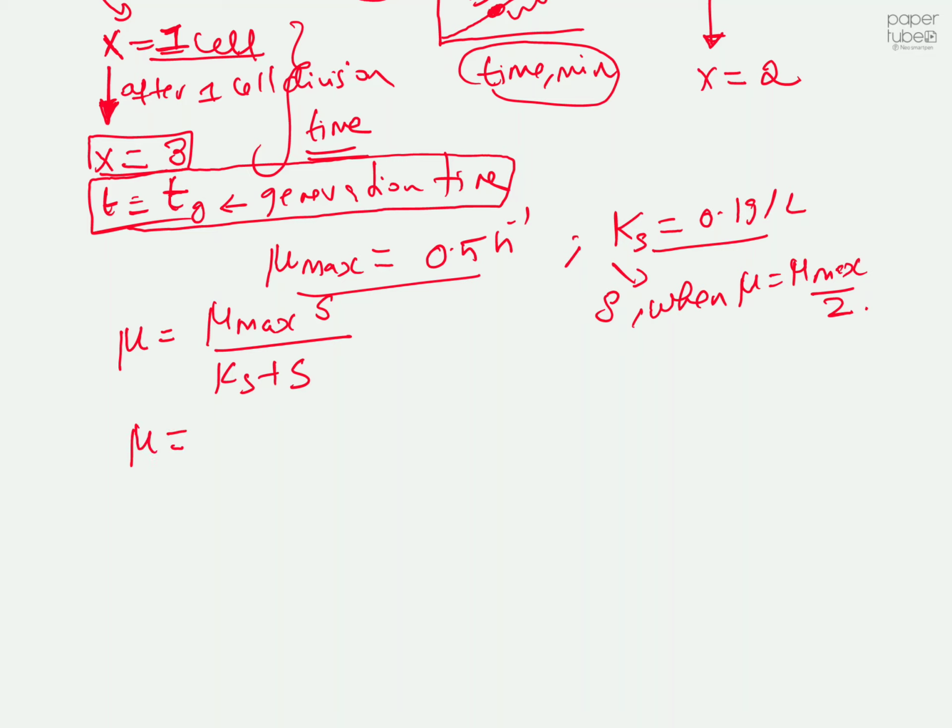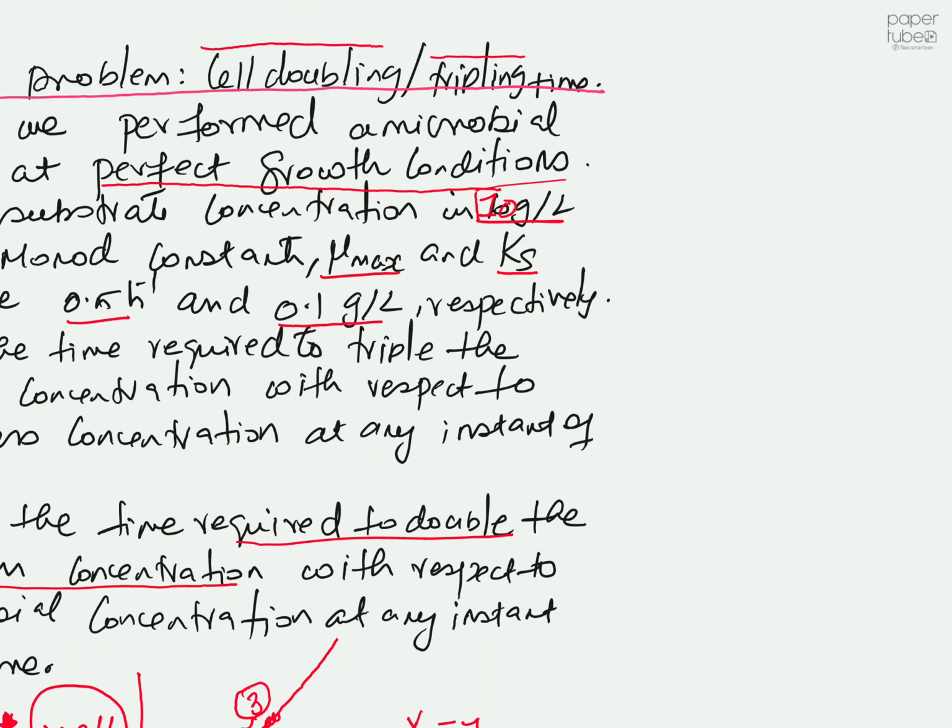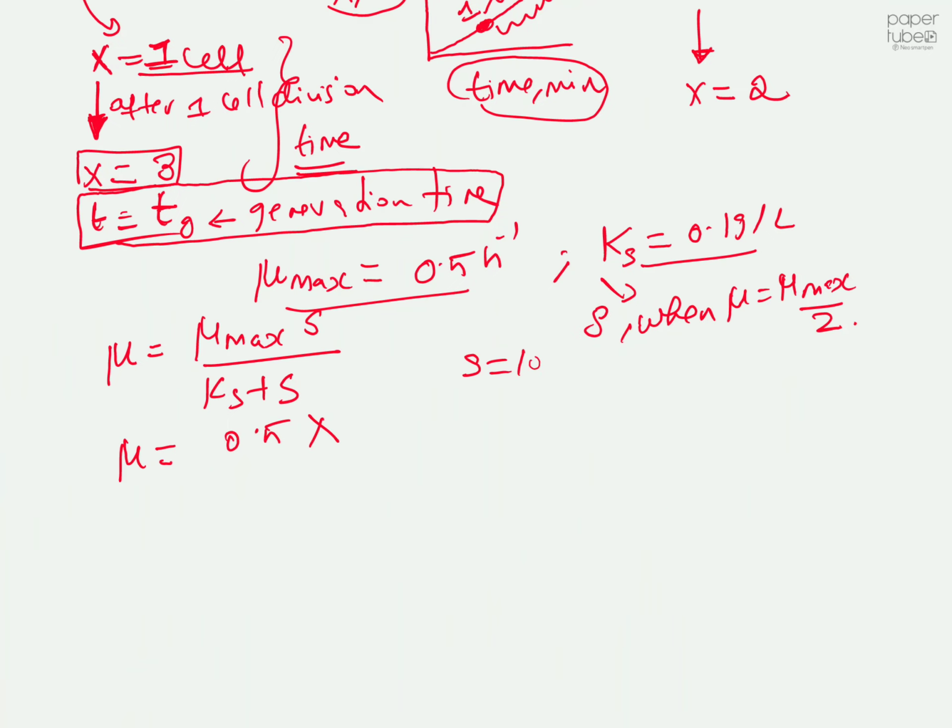Let's calculate this value. Mu is equal to 0.5 multiplied by S, the initial concentration given in the problem, which is 10 grams per liter. So 0.5 multiplied by 10, divided by Ks, which is 0.1, plus S again 10.